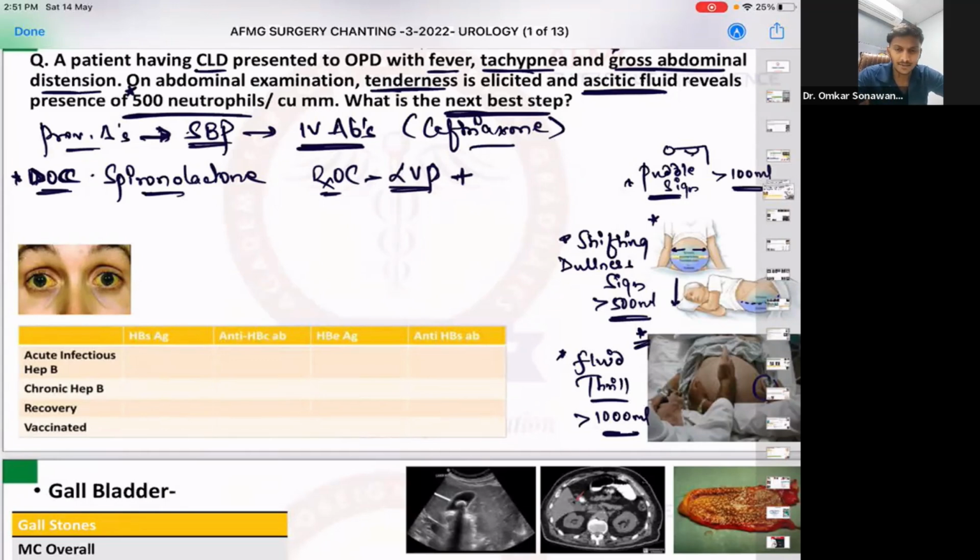We discussed this in cardio. Treatment of choice: large volume paracentesis along with IV salt-free albumin. Please remember, IV salt-free albumin should be given in this patient.